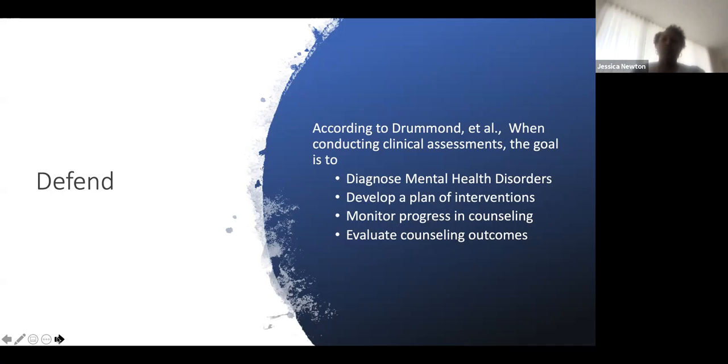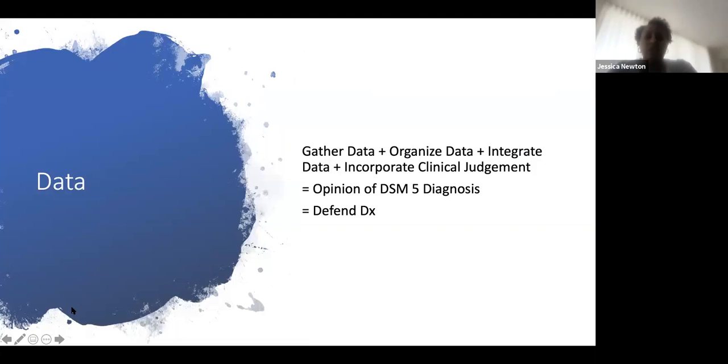And so when we look at the incorporation of the clinical assessment, that overall process, the goal is to diagnose a mental health disorder, develop a plan of interventions, monitor the progress, and evaluate the outcomes. So we have this interview, we gather the data, we organize the data, we integrate it, we incorporate our clinical judgment, we give our opinion of the DSM diagnosis, and then we defend that diagnosis.